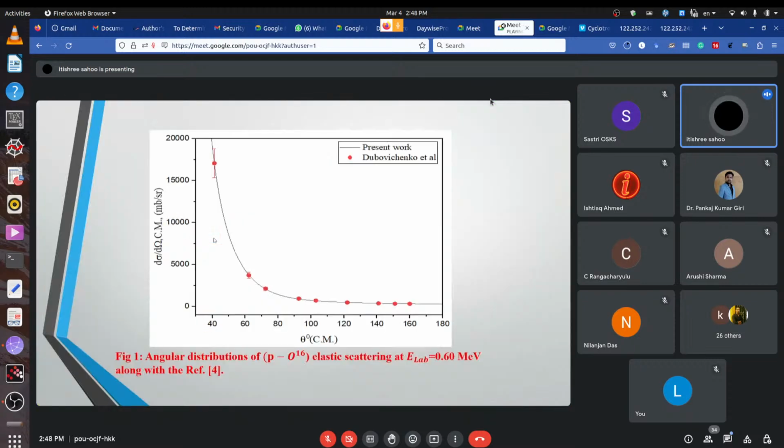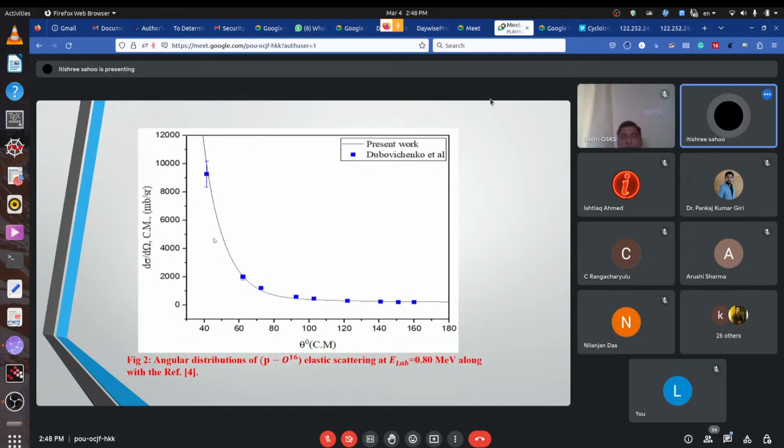Here we can see from figure 1, for E lab energy equal to 0.60 MeV, the graph between the scattering cross section and the angle shows that our calculated data almost agrees with the experimental data. In the second graph, for E lab energy 0.80 MeV, it is almost satisfied with the experimental data.